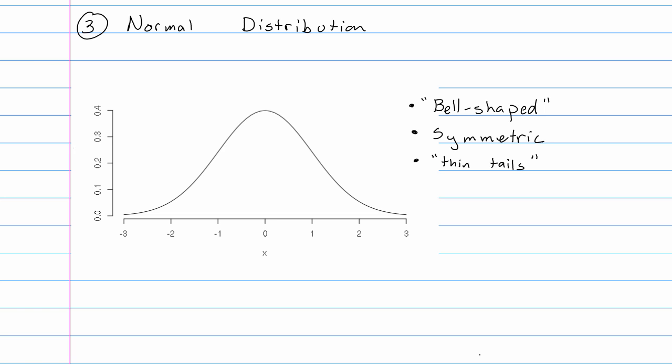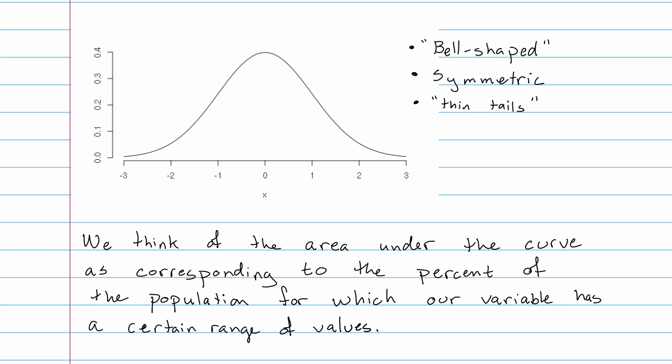In particular, we think of the area under this curve as corresponding to the percent of the population for which our variable has a certain range of values. And there are some specific values that we should know. Looking at this picture, you'll notice that our horizontal axis has some labels.